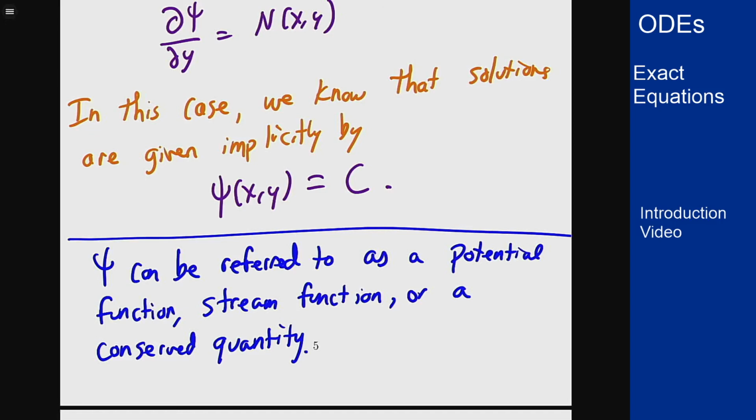So all of these show up in physics and engineering and a bunch of different places. You'll see things like this where really what you're talking about is the level curve of some function where the solution must live, because the solution obeys some certain conservation law or some sort of property that means it will satisfy an equation like this.